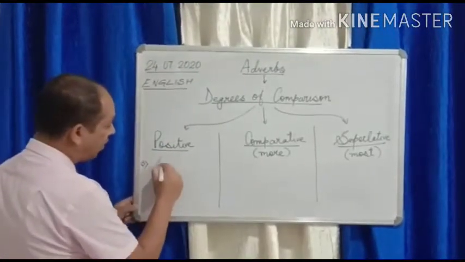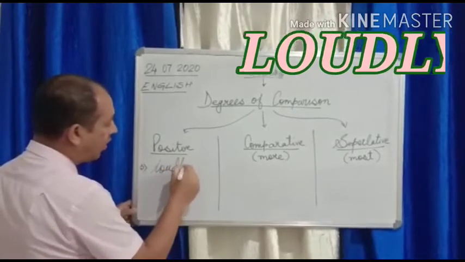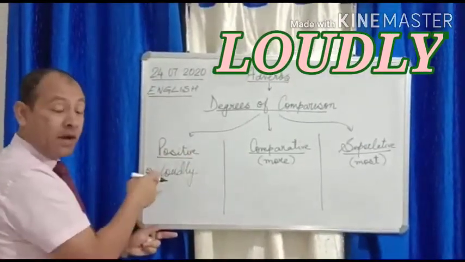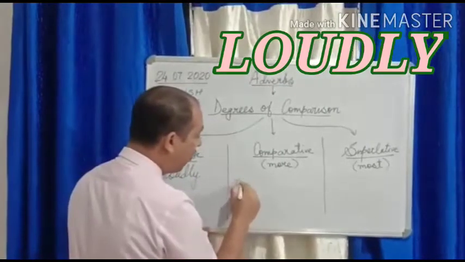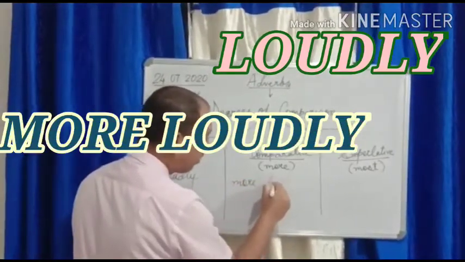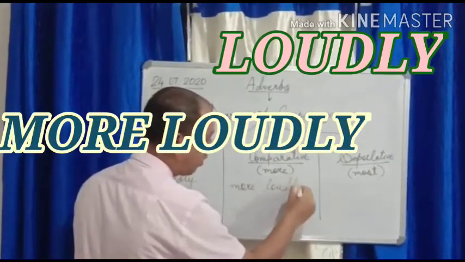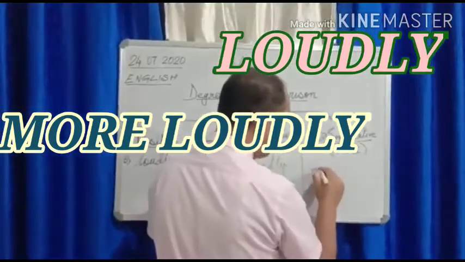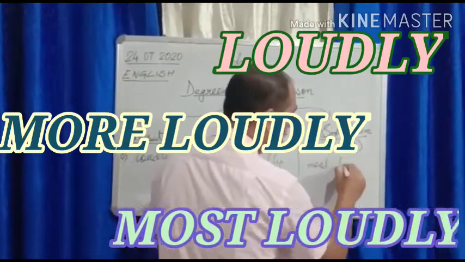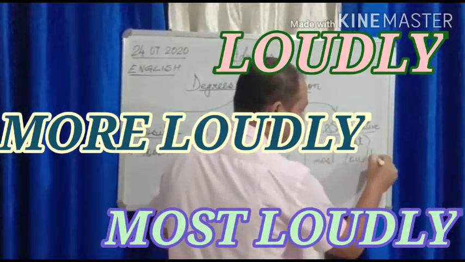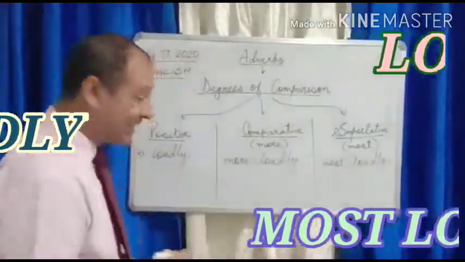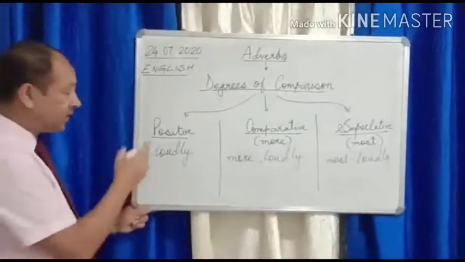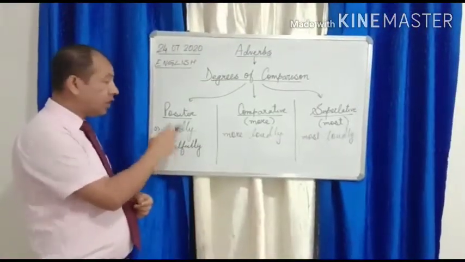Moving on to the third example, let's say loudly. To make the comparative form of loudly, we add more: more loudly. And to make the superlative, we add most loudly. Another example, skillfully.